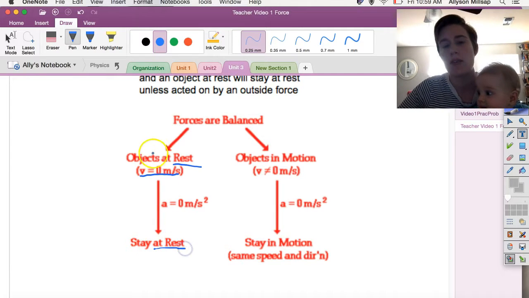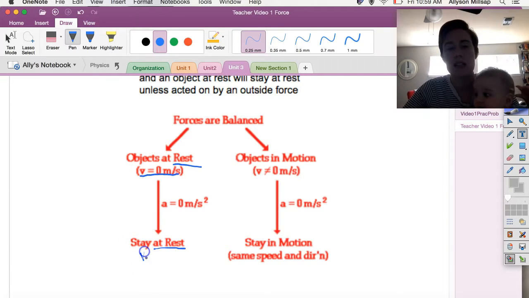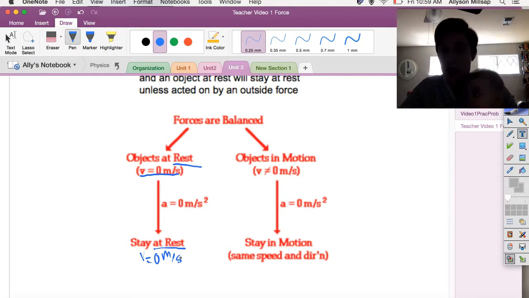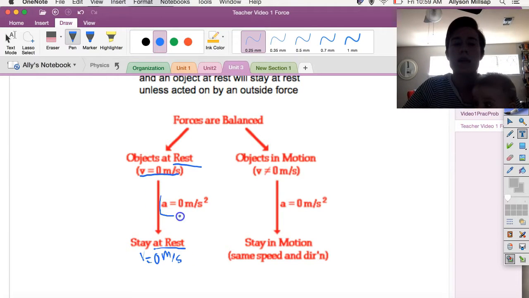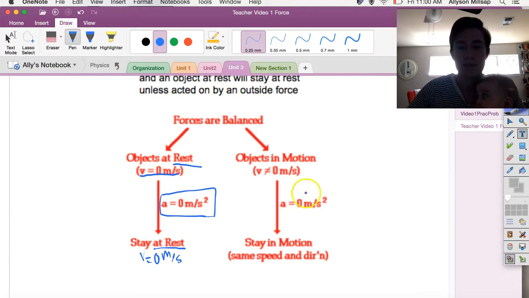So if an object with a velocity of 0 is going to continue having a velocity of 0, that means its velocity is not changing, right? And if its velocity is not changing, that means the acceleration is 0. So he's saying an object is not going to accelerate when it's not in motion. It's just going to stay the way it is.